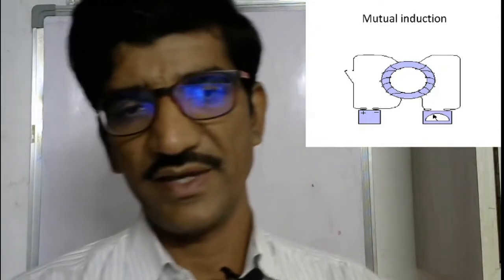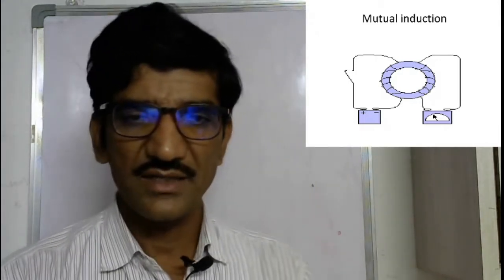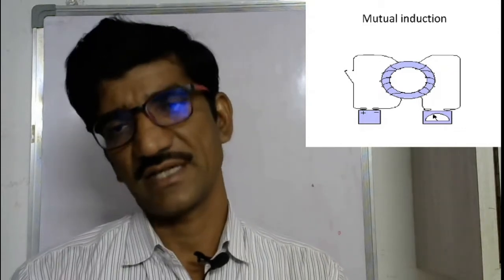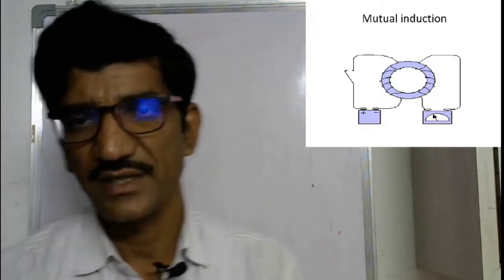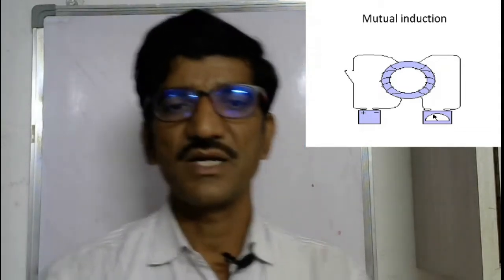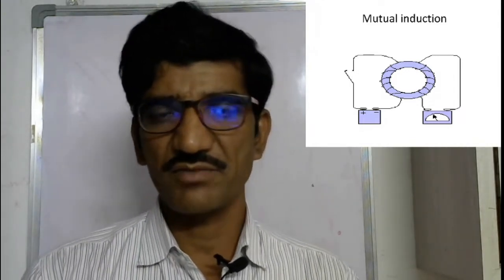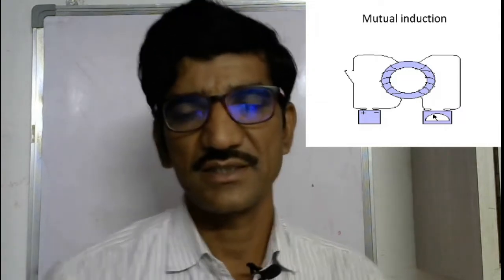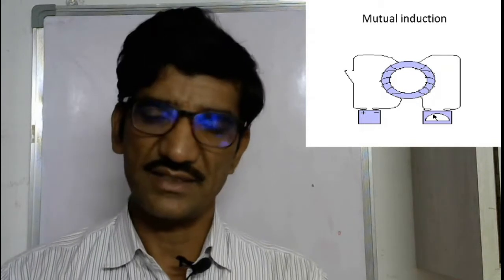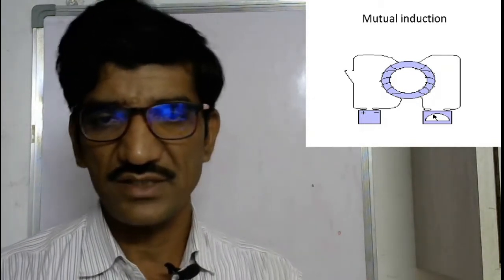So, in this way, due to the variations of current in the first coil, there is an induced EMF in the second coil. This phenomenon is called mutual induction. Due to this mutual induction, you have some non-zero current in the ammeter connected to the second coil.